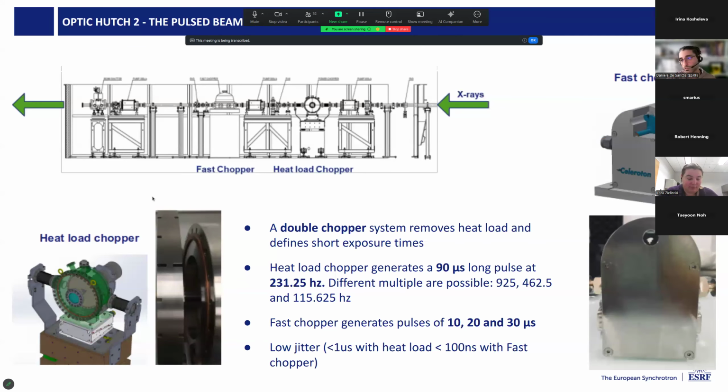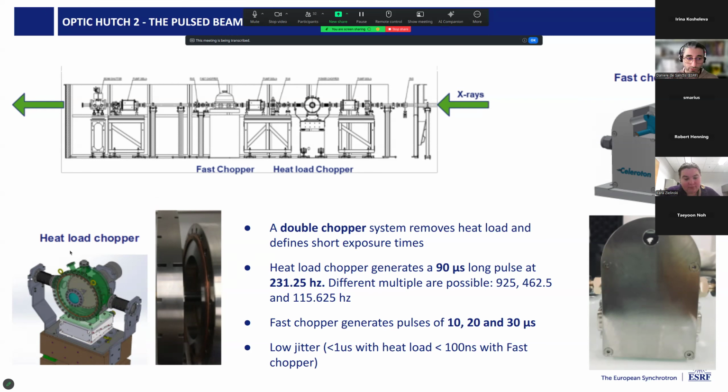Then, in order to reduce the exposure time, as we said, we expect pulses in the range of the microsecond, because that allows us to achieve, with the flux that we can get in this 1% bandwidth, a double chopper system.